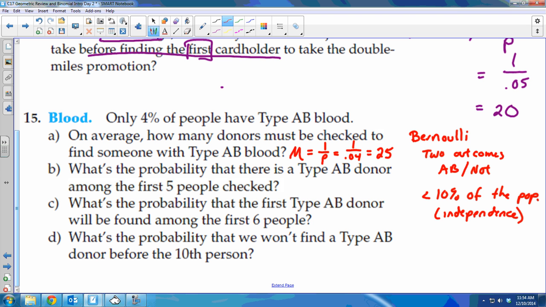Does that make sense? Okay. On part B, what's the probability that there's a type AB donor among the first 5 people checked? So we're looking for one person, like the first one, among the 5. I'll write it all out.